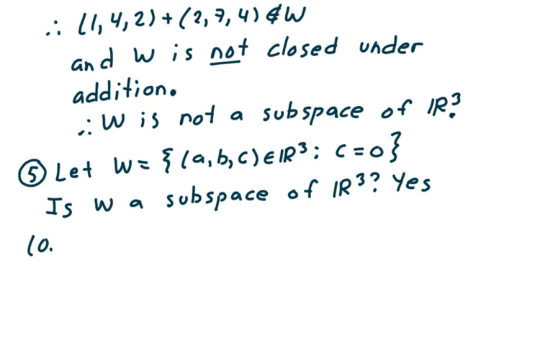Now, (0, 0, 0) belongs to W, right? Now notice, (0, 0, 0) is in R3 and the third component is 0, right? So we're okay. And so therefore, W is non-empty.